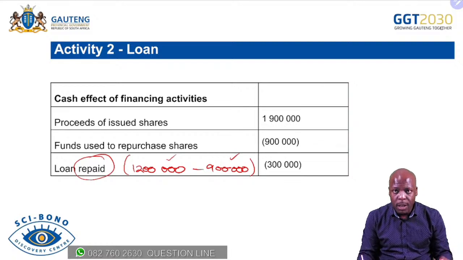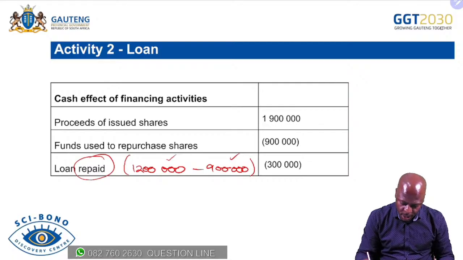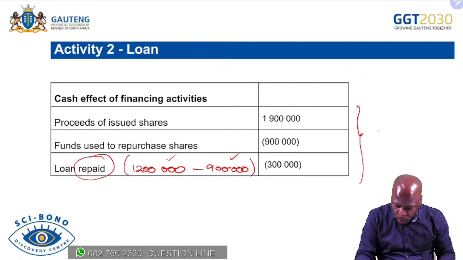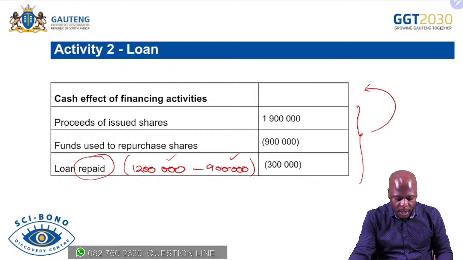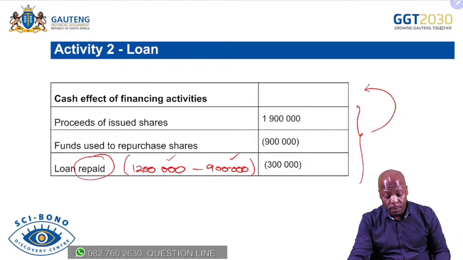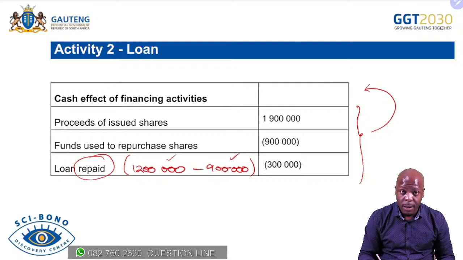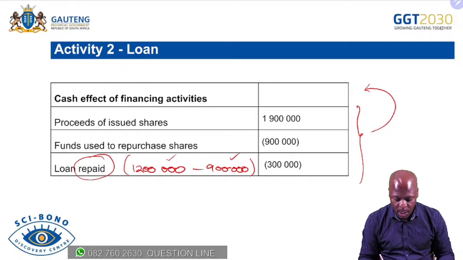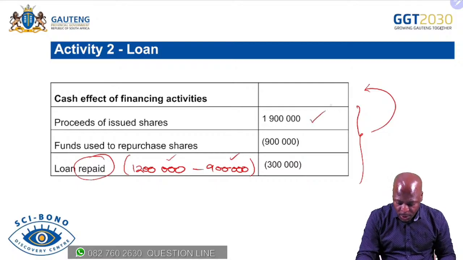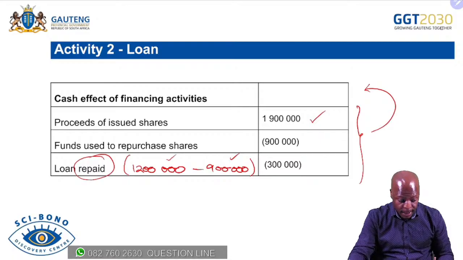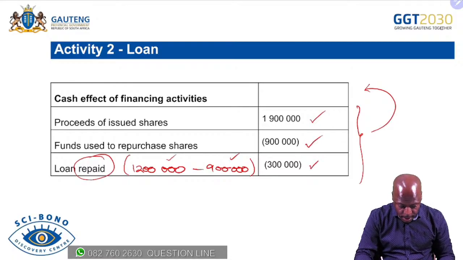Now, we have the three aspects so far of our financing activities. Once we have the three aspects, we then add them up for us to arrive at our cash effects on financing activities. Please have your calculator close to you. You're now going to punch in these figures: 1,900,000 minus 900,000 minus 300,000.